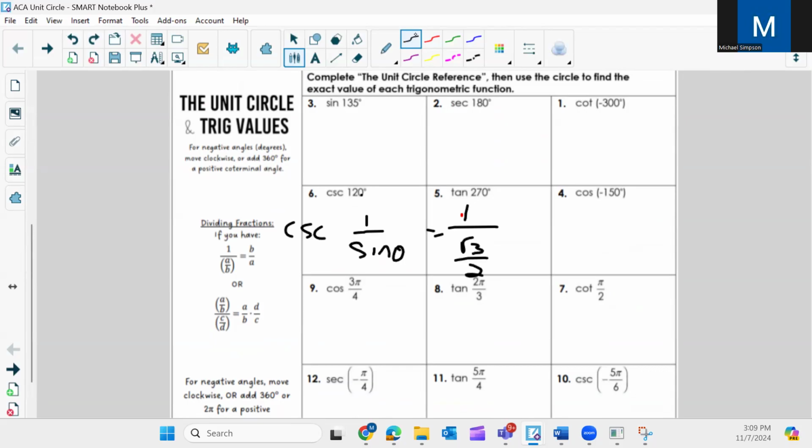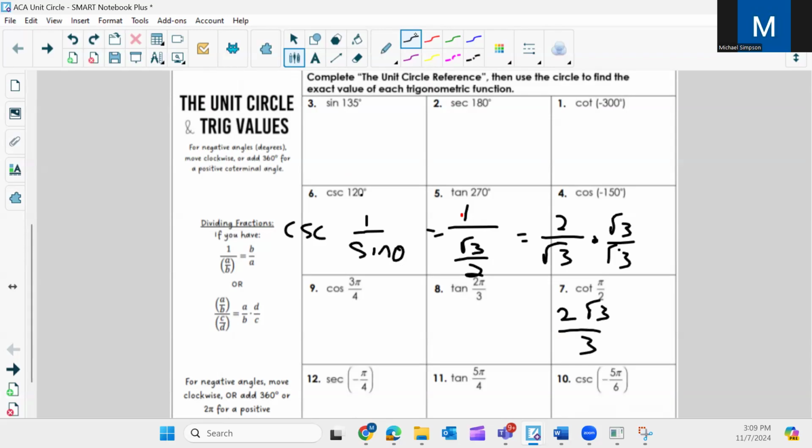You do the reciprocal, and that becomes 2 over radical 3. But now, because the square root is in the bottom, you got to rationalize it. And that gives you 2 radical 3 over 3. All right, nice.